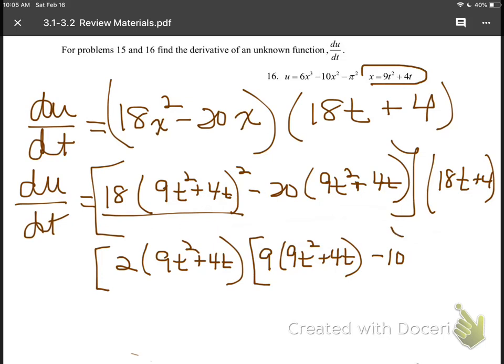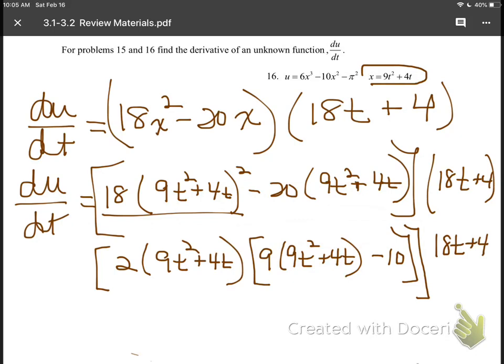So now I can close that bracket, and I'm going to close it again, and all of that is multiplied by 18t plus 4. Let's think about this. Do we need to do anything else to this?